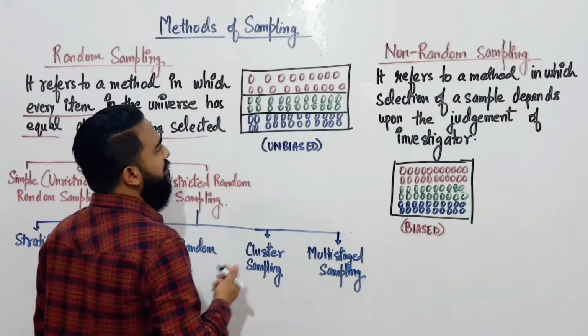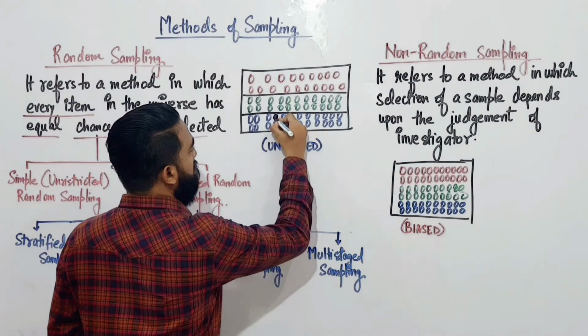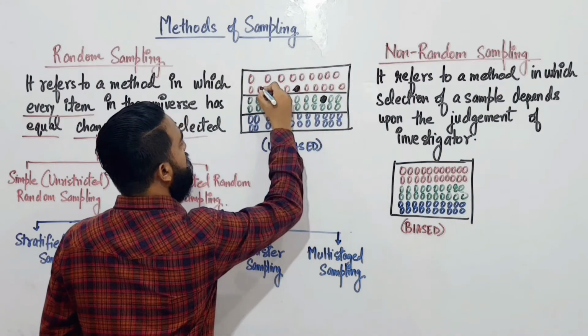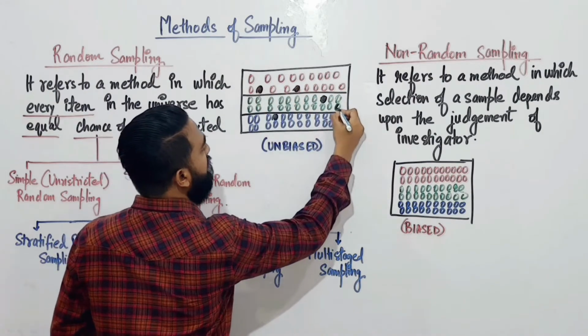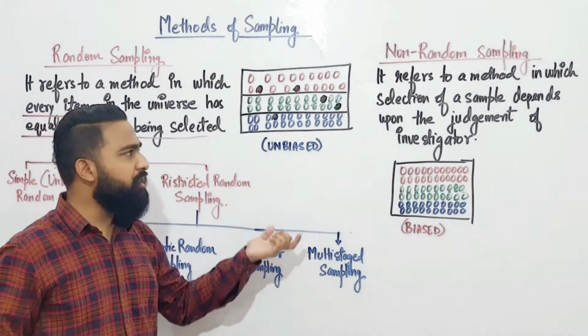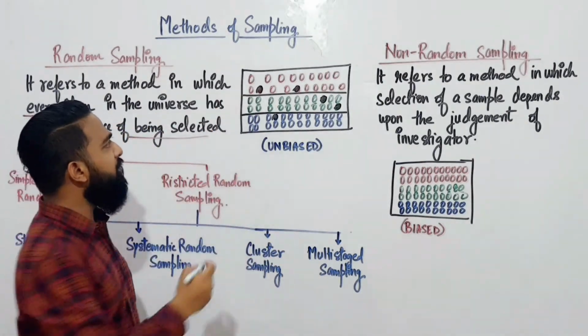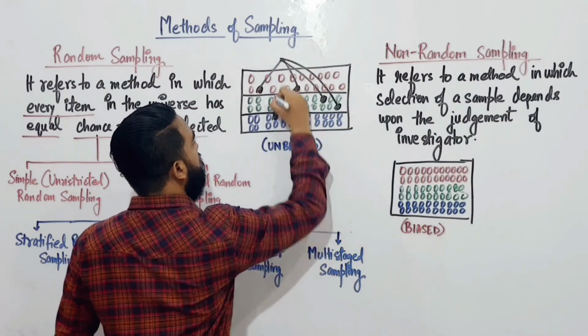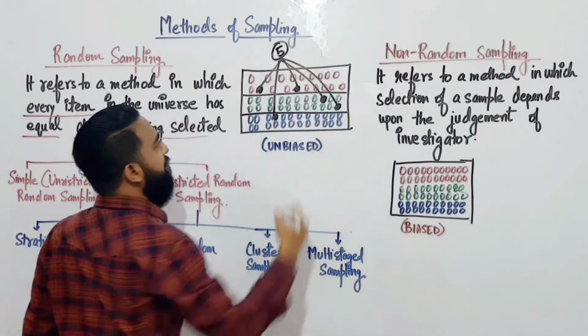Now, for example, I might select this fellow. I need 5 students. So I am selecting, and each and every student has an equal chance of getting selected. So I have selected these 5 fellows and I can conduct my inquiry now.